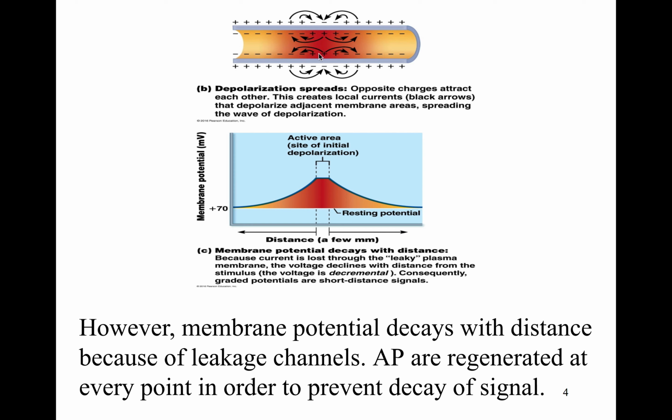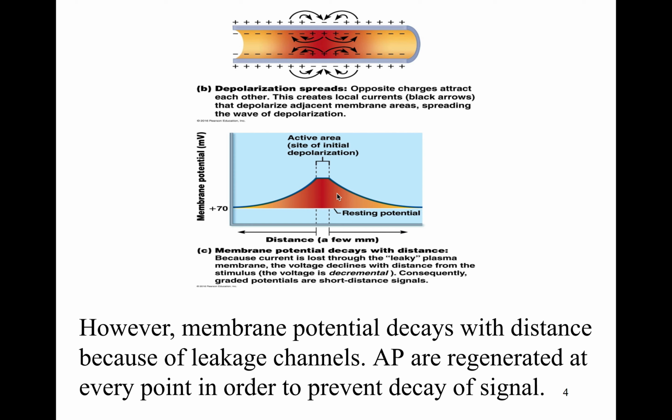Therefore, if we have this wave of depolarization, or this spreading of those sodium ions, eventually that change in membrane potential is going to go back to its original resting membrane potential of -70 because ions are constantly being gained and lost. So the membrane potential decays with distance because of those leakage channels.